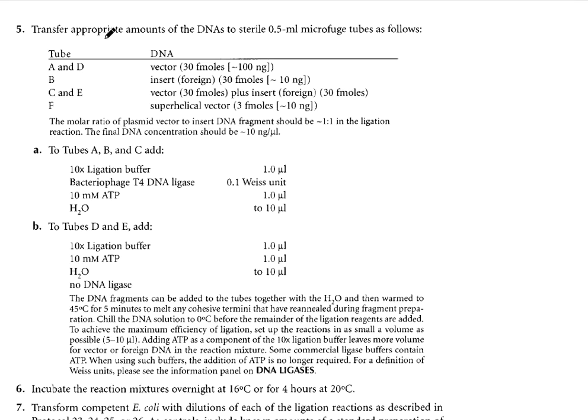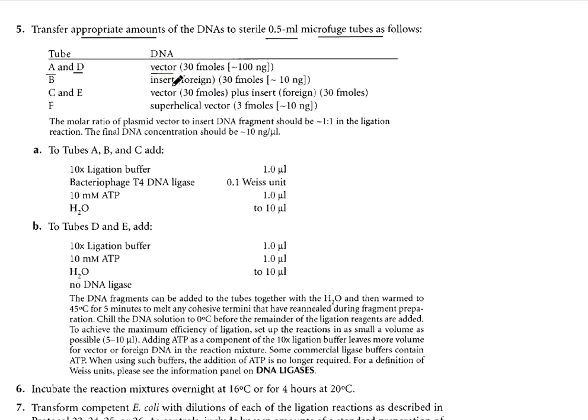Now you have to transfer the appropriate amount of DNA to 0.5 ml microcentrifuge tubes. How will you transfer it? You will label six tubes, A to F. A and D contain only vector.